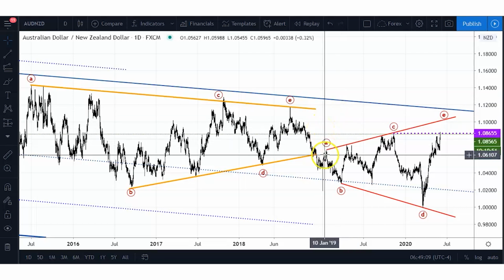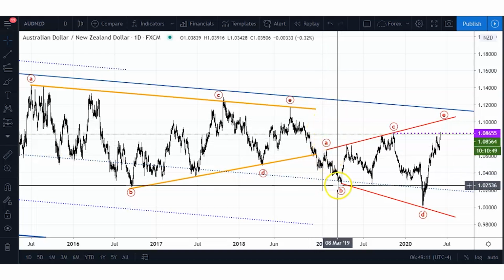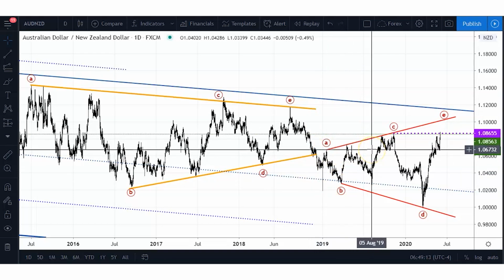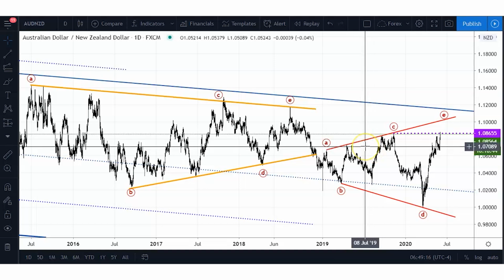These expansions tend to be very volatile, and like its name suggests, expanding triangle. And it's quite fitting that you would be seeing this pattern during these times with the coronavirus, a lot of issues economically in many countries. So it's quite fitting to be seeing them happen a lot.